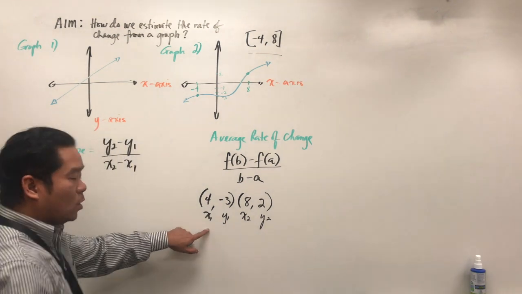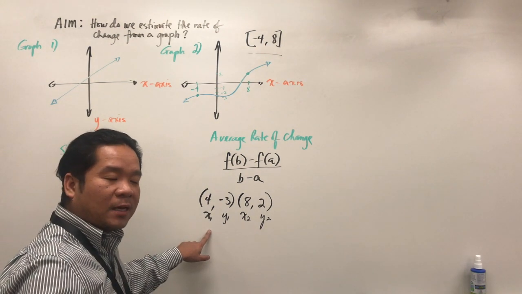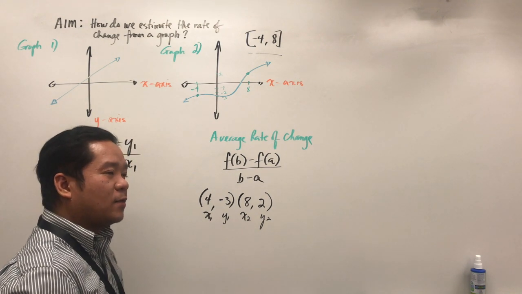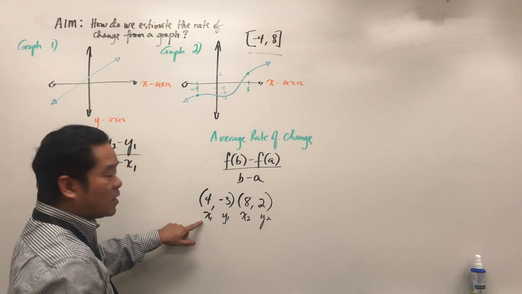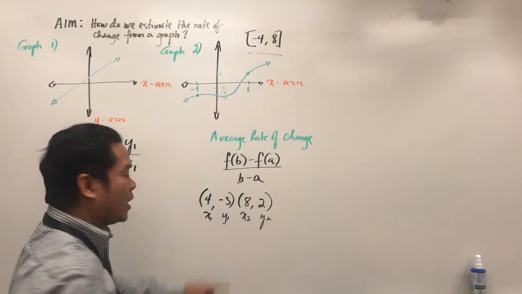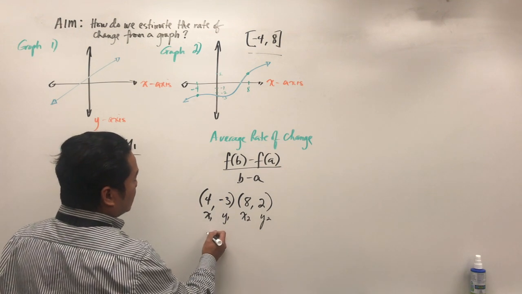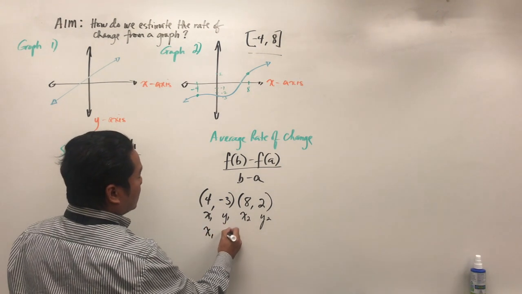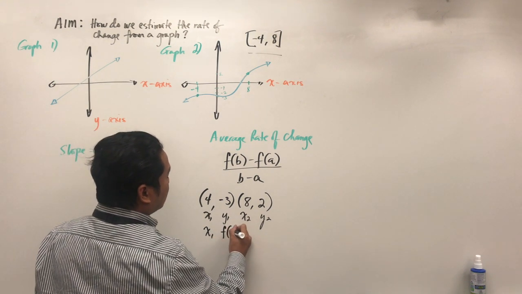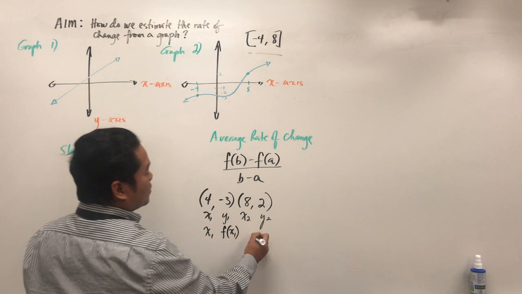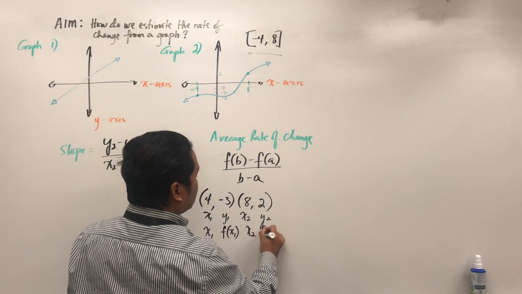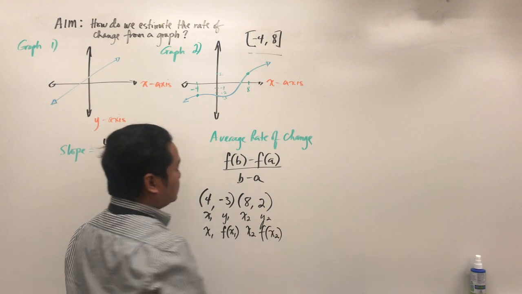I don't know if you recall in our arithmetic or geometric sequence, we use the function of x in place of the value of y. So I'm going to say x sub 1, then the representation of y sub 1 is going to be f of x sub 1. And then x sub 2 is going to be represented with f of x sub 2.